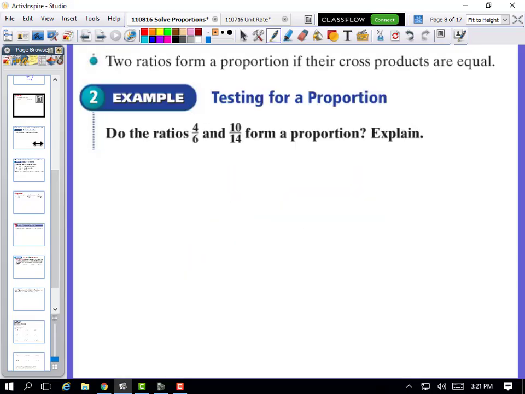Now, one of the things that we can do with this is determine if two things are proportional or not. So in this one it says, do the ratios 4 over 6 and 10 over 14 form a proportion? Well, in order for us to do that, we go back to what we talked about at the beginning of the lesson. If they are going to be a proportion, these two things have to say the same ratio. So we have to compare these two fractions.